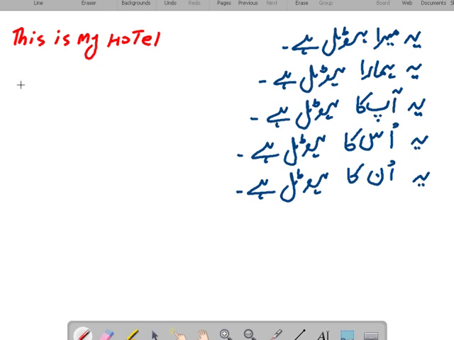And you can use car, car is better. ये मेरी कार है.